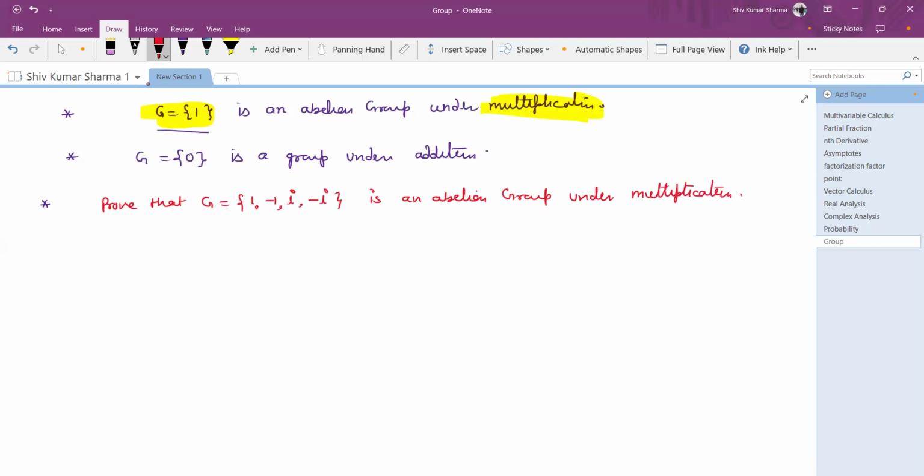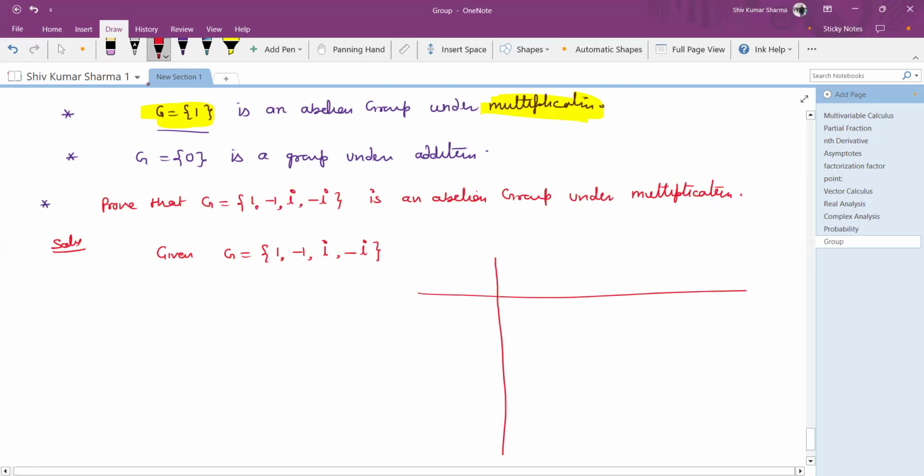So given G having 4 elements, a finite set {1, minus 1, iota, minus iota}, we shall prove this set is also abelian under multiplication.